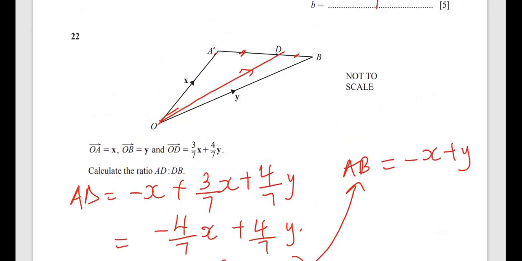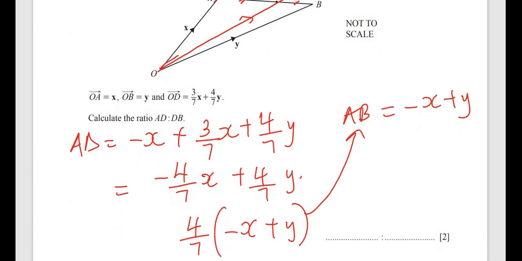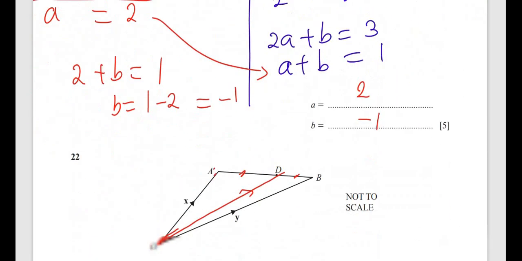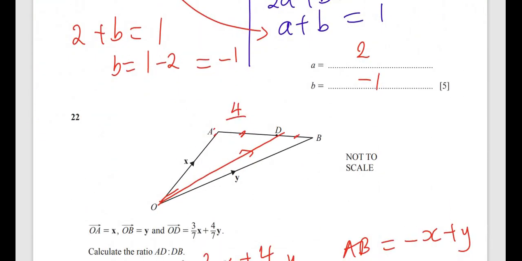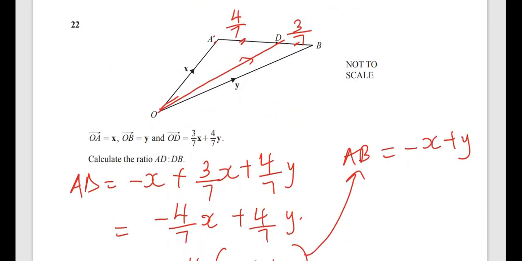So when you look at AD now, it means AD is 4 out of 7 of AB. So that means the remaining part, which is DB, is 3 out of 7. So the part AD has 4 units and DB has 3 units.